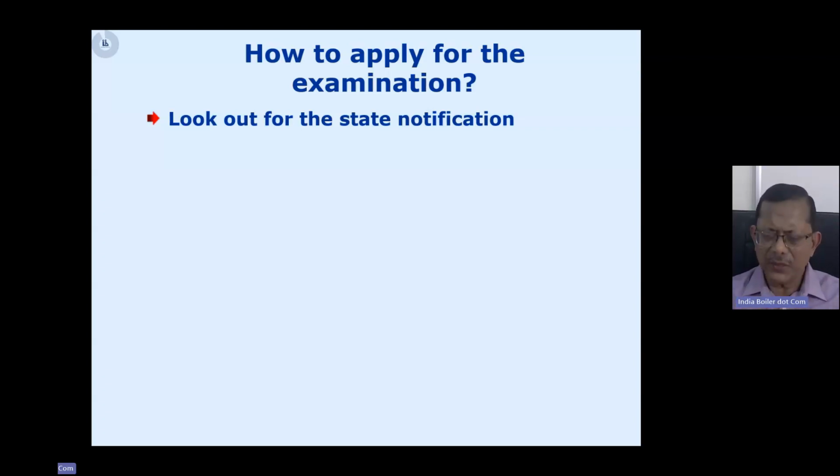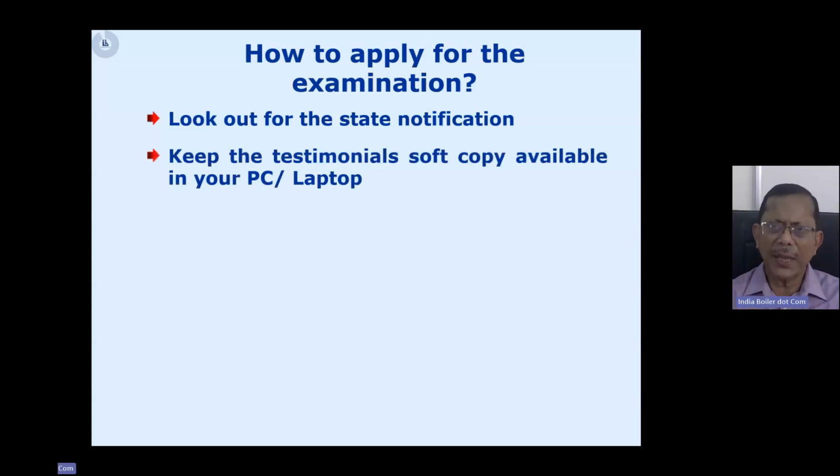Usually nowadays you can apply online, but you have to take care of one thing: all the required testimonials needed at the time of application should be available with you beforehand. So you have to take a little extra care. All these testimonial soft copies should be available in my PC, and the originals are available with me because at the time of examination, you'll have to show those original copies.